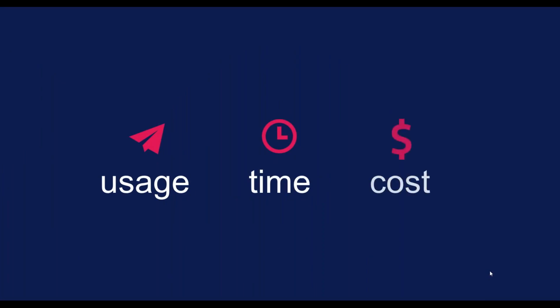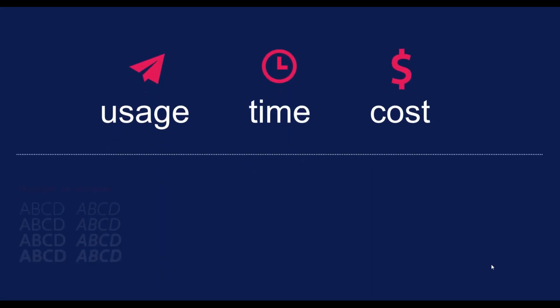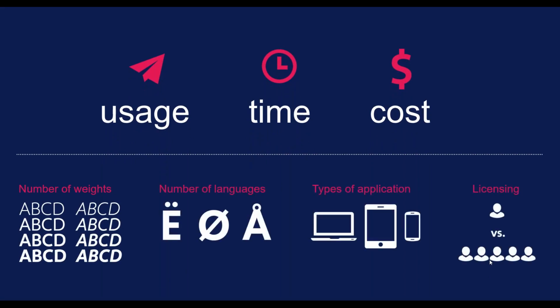So for any of these types of projects, there are a lot of different variables that play against each other. The simplest you could consider are usage, time, and cost, but there are many others.